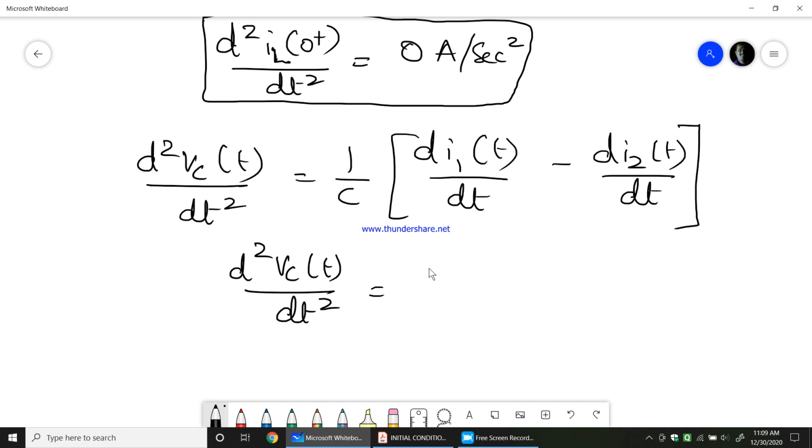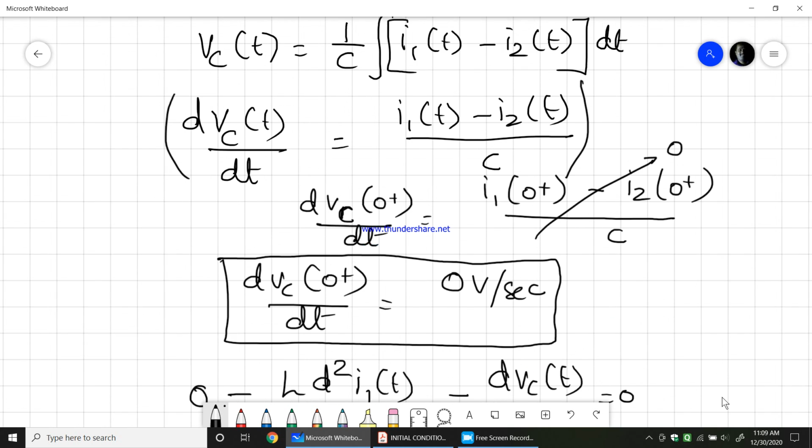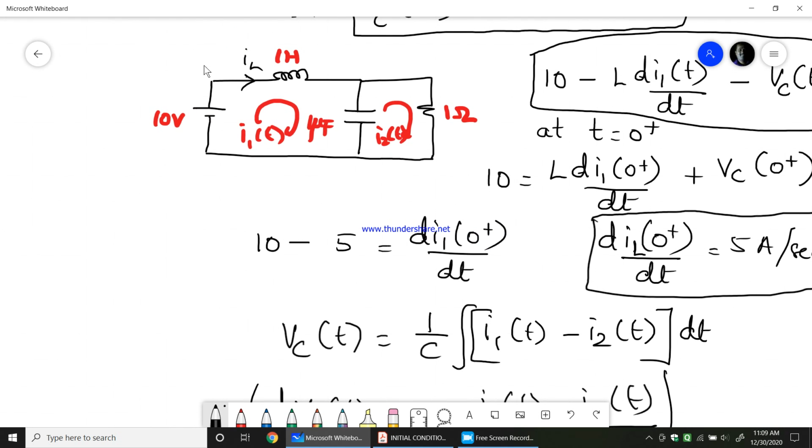Okay, what we do is we'll try to write the equation for I2 and see what the differentiation of I2 of t is. If we write the equation, we get Vc of t minus 1 into I2 of t equals 0.